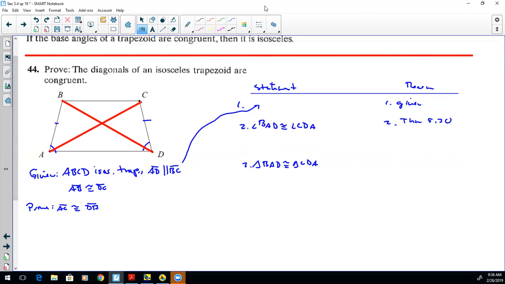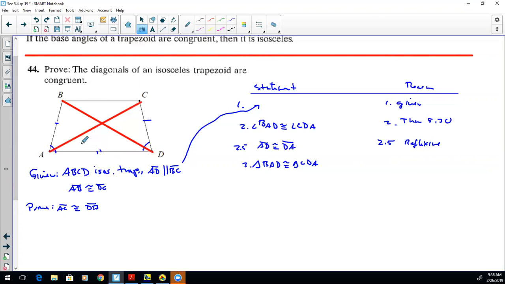What I did not say here is that AD and DA are the same length, and that's the reflexive property.